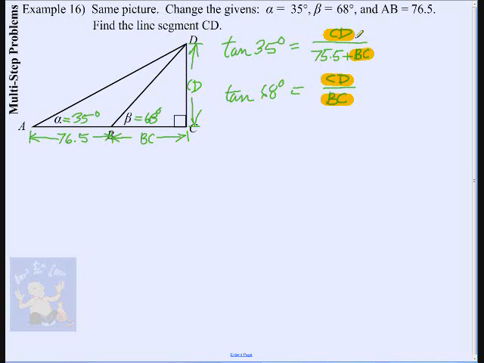This is good news. I can write these equations as CD.